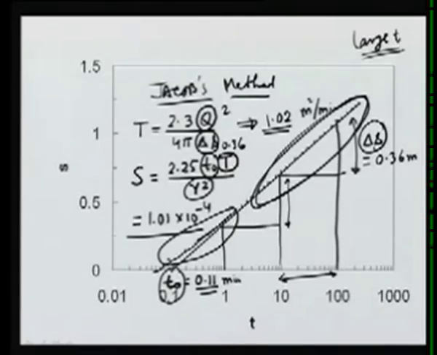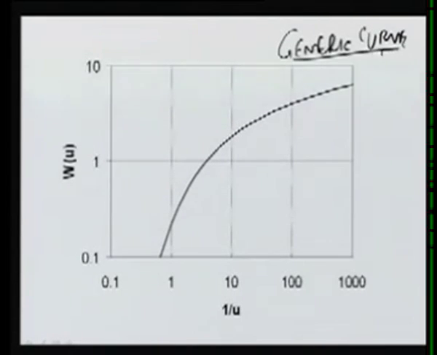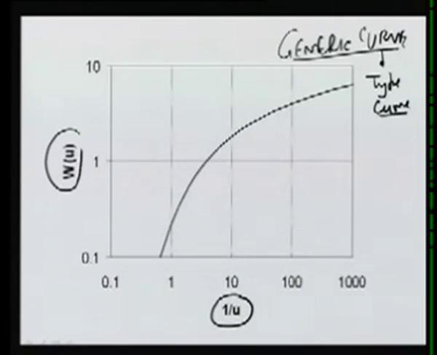Therefore, what we do mostly is use the Theis curve fitting method or the type curve matching method, in which we prepare a generic plot, a generic curve or the type curve, which plots 1 over u versus Wu.